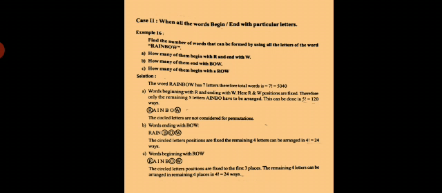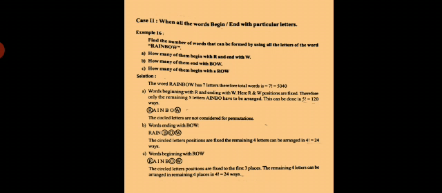Words beginning with R and ending with W. So read the word rainbow. Here first letter is R and last letter is W. So by question, begin with R and end with W means remaining letters will be how much?